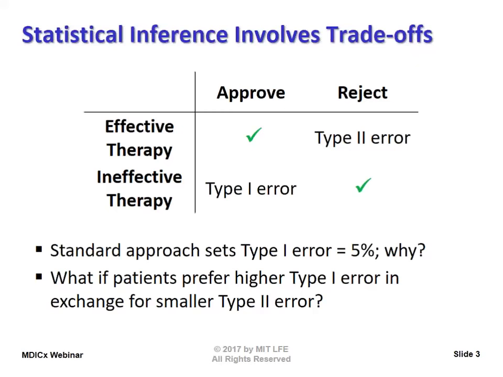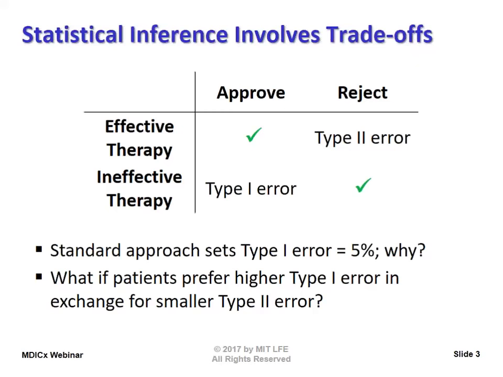But there's a second kind of error that you can make, which is type 2 error. That's the mistake of not approving an effective therapy. And typically, we worry about that kind of error as well. Now, it turns out that we can actually drive these errors down to zero individually. Very simple.